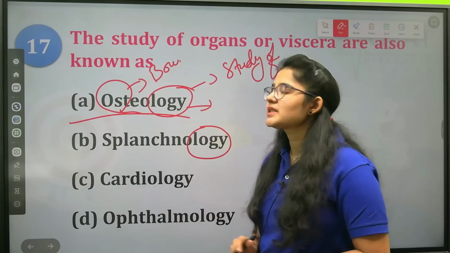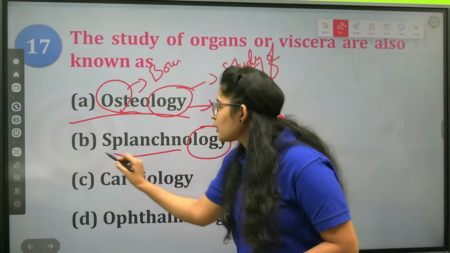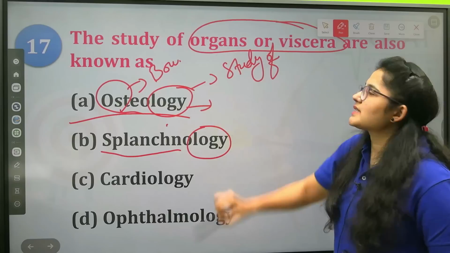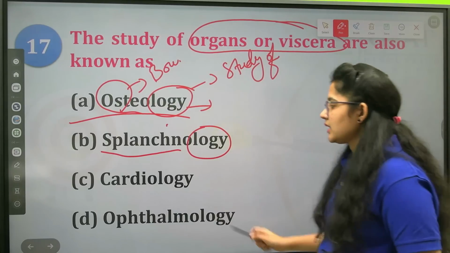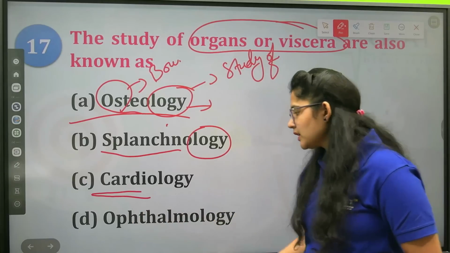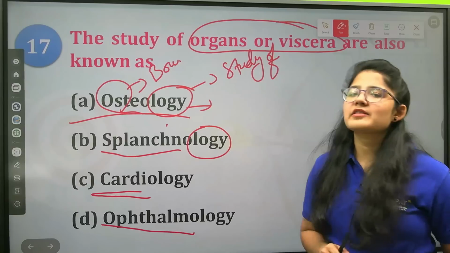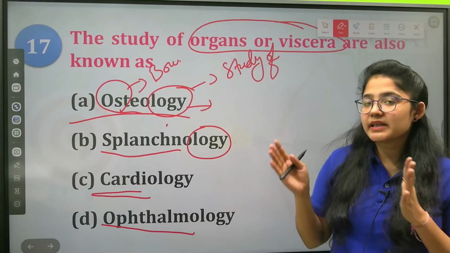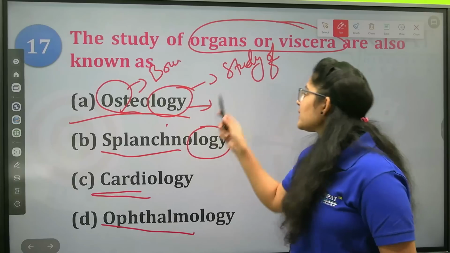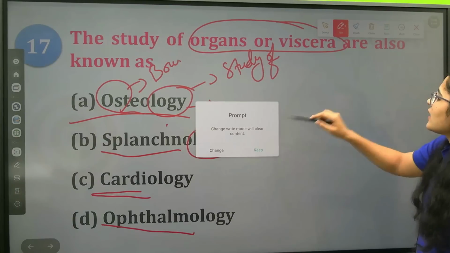Logy means study of. Splanchno means the study of the organs or viscera is splanchnology. Cardio means heart, study of heart. Ophthalmo, you have seen the word ophthalmo on your eye drops. So ophthalmology means study of your eye.